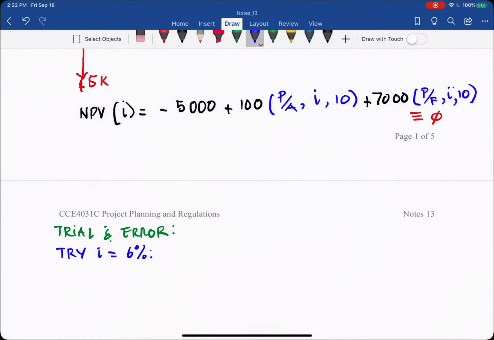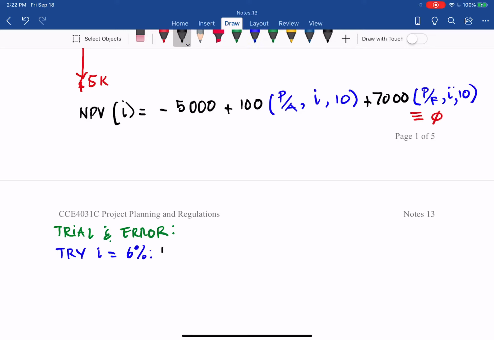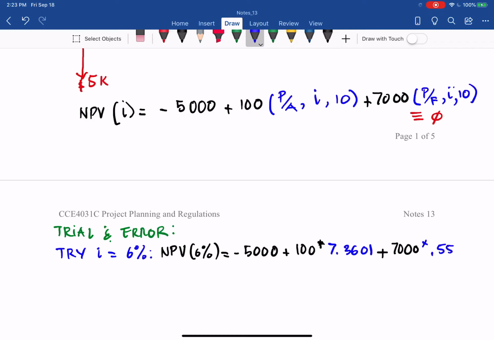So from that, we can have NPV at 6% equal to negative 5,000 plus 100 times the factor we just showed you, 7.3601, plus 7,000 times the factor for P over F, I percent, 10, equal to 0.5584.